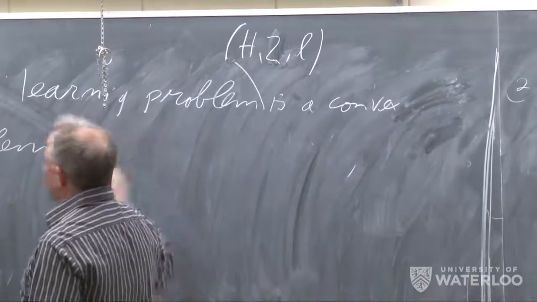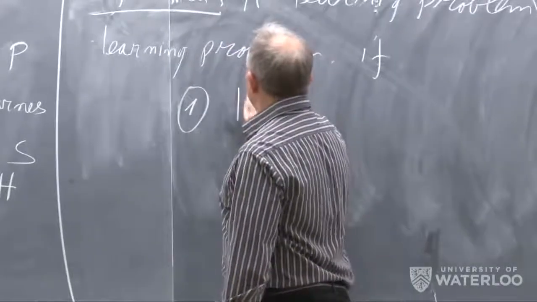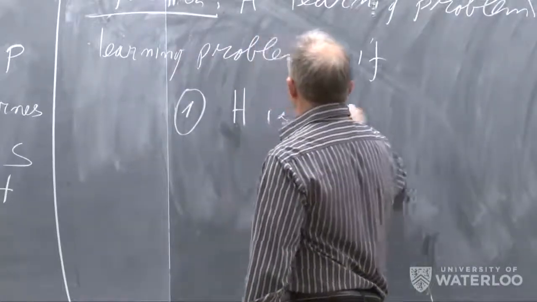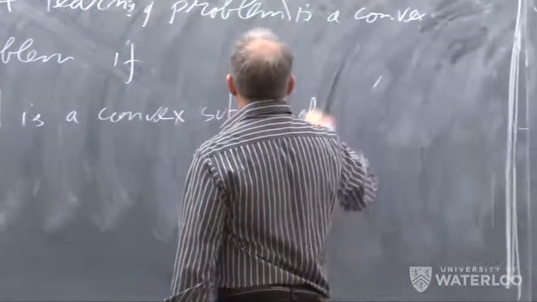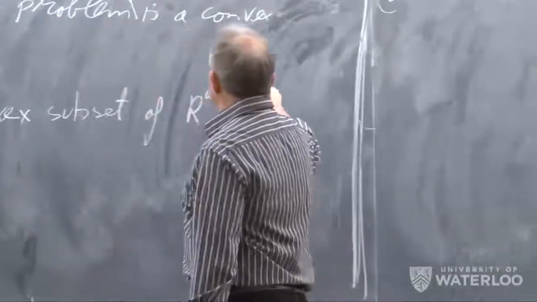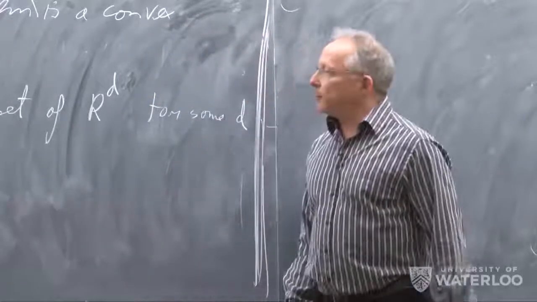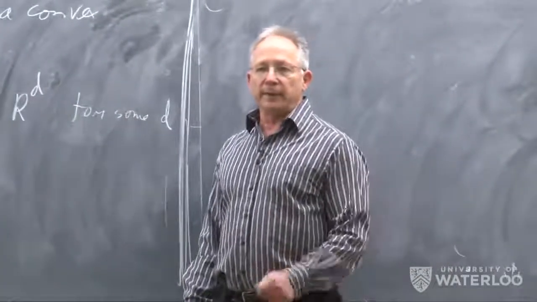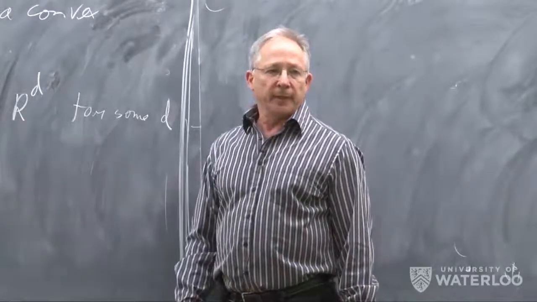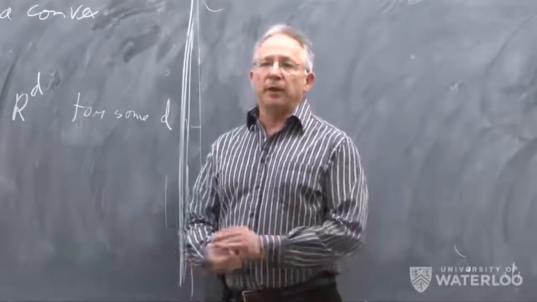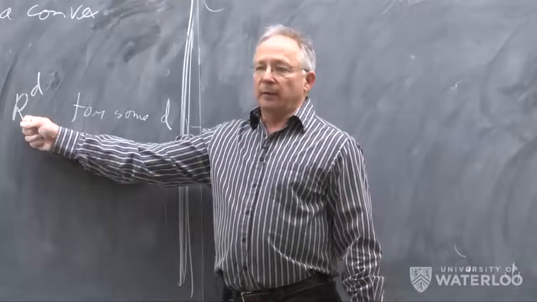It is a convex learning problem if the following two conditions hold. One is that H is a convex subset of R^d for some d. Note that now I'm talking about learning problems where my hypothesis is always parameterized by a vector in R^d. But we've seen such problems, like 0-1 classification. If I want to classify with a half space, I can parameterize the half space by weights.